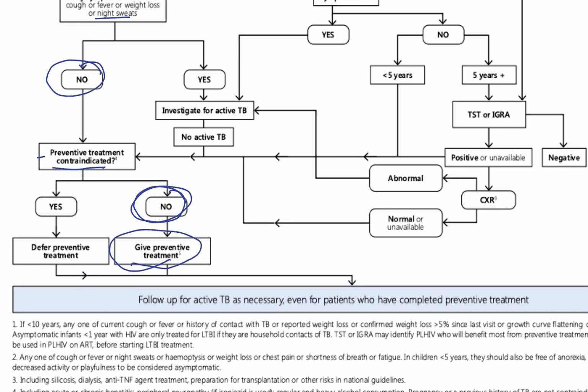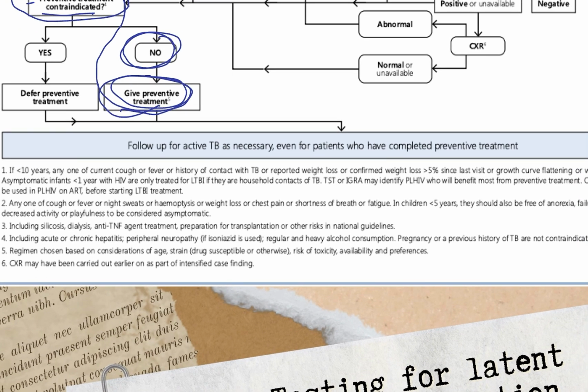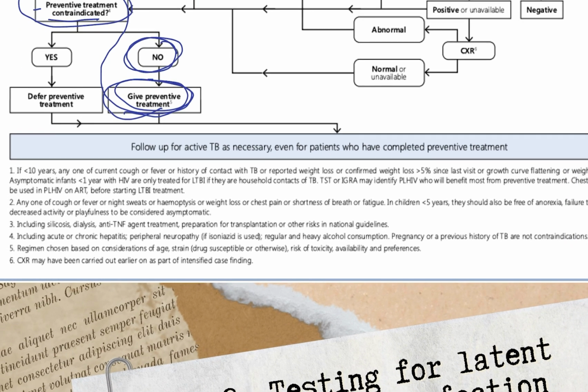HIV positive, no active TB, no contraindication, give treatment. What are the contraindications? Acute or chronic hepatitis, peripheral neuropathy if isoniazid is used, regular and heavy alcohol consumption. Pregnancy or a previous history of latent TB are not contraindications.